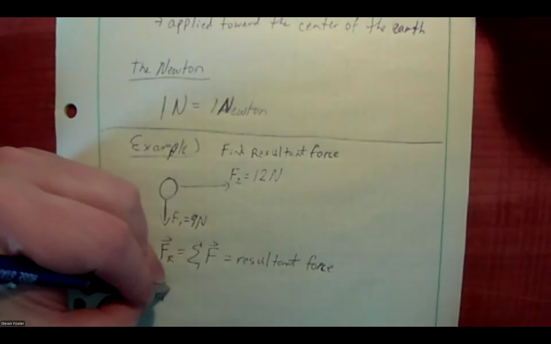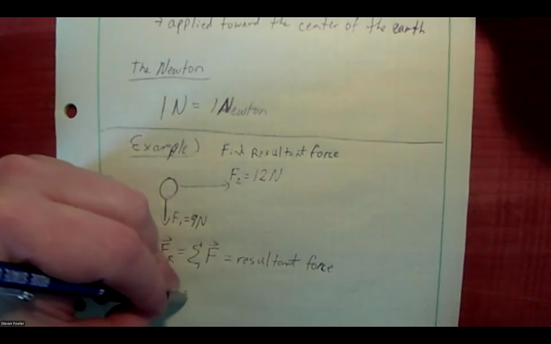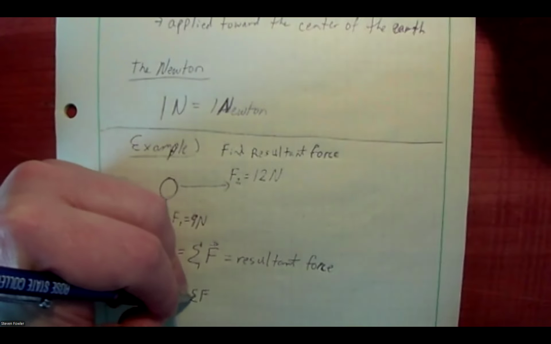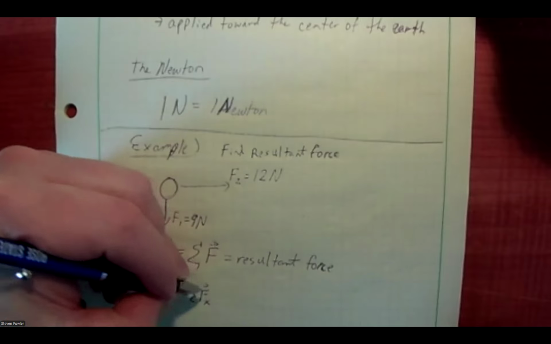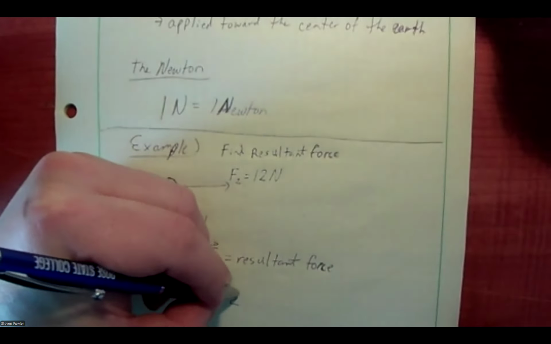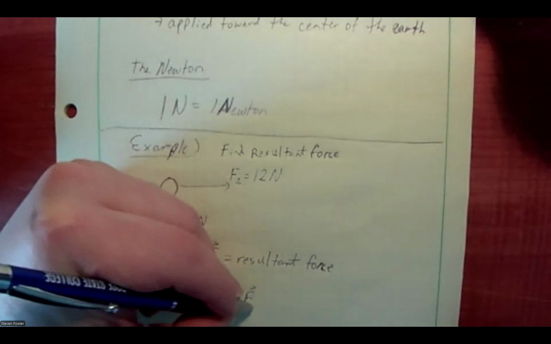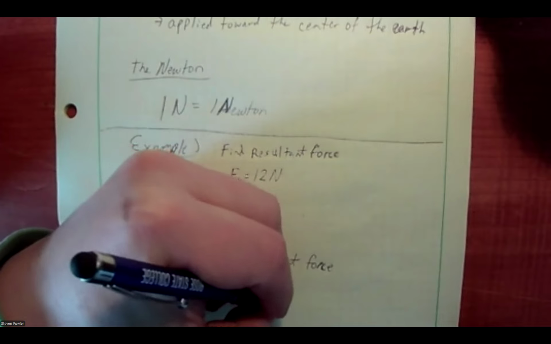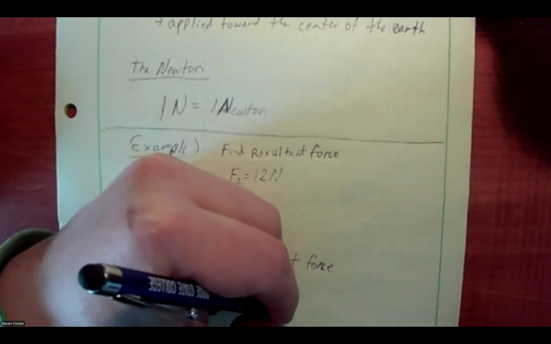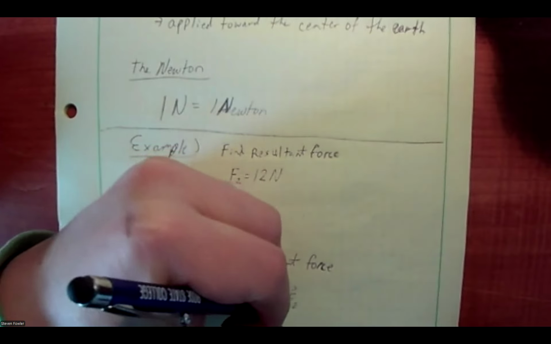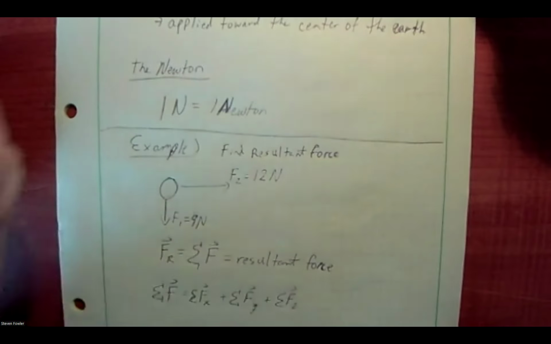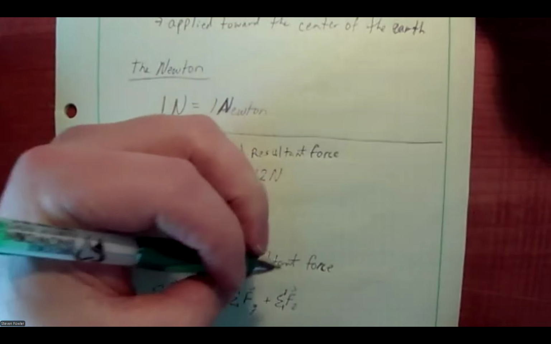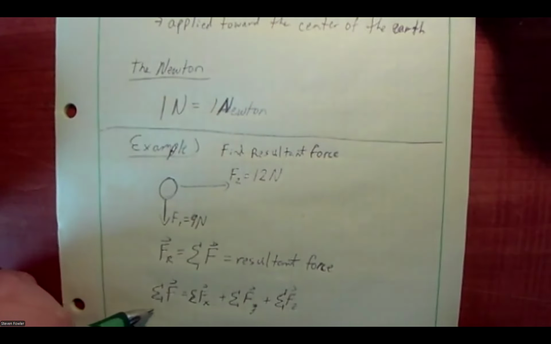So if I'm to find the resultant force, that means I'm trying to find the sum of all forces in the x direction plus the sum of all forces in the y direction. And then if I've got a z direction, it would also be the sum of all forces in the z direction. So this is a common thing you'll encounter whenever you're dealing with a vector equation.